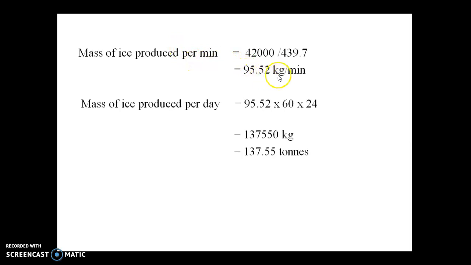This much amount of mass of ice is produced per minute. But in the question, we must determine the mass of ice produced per day. So this value is per minute. So we multiply this value by 60 and 24 to calculate mass of ice produced per day.